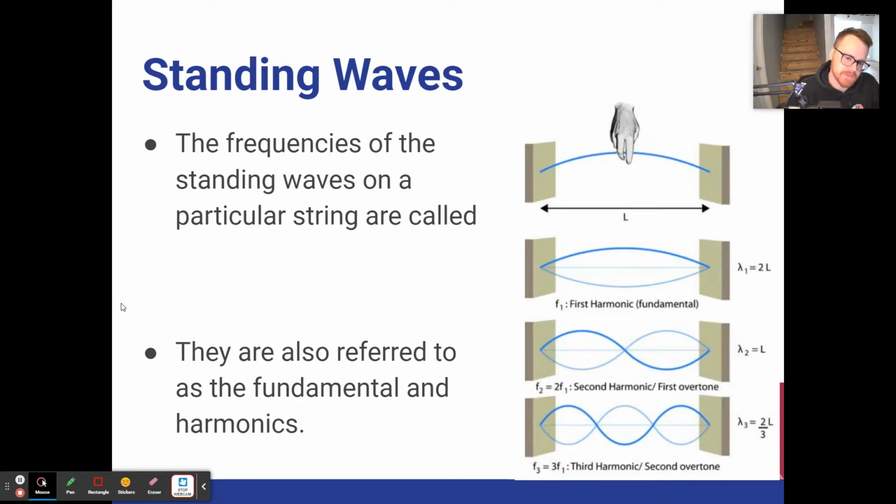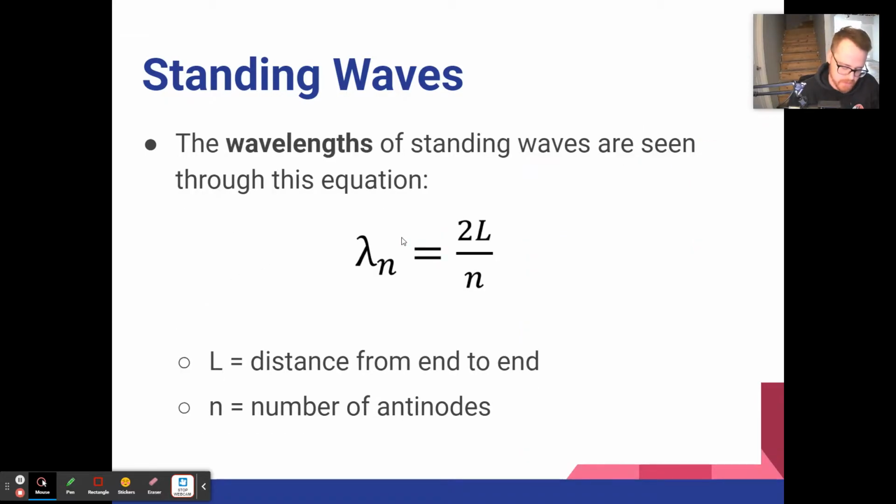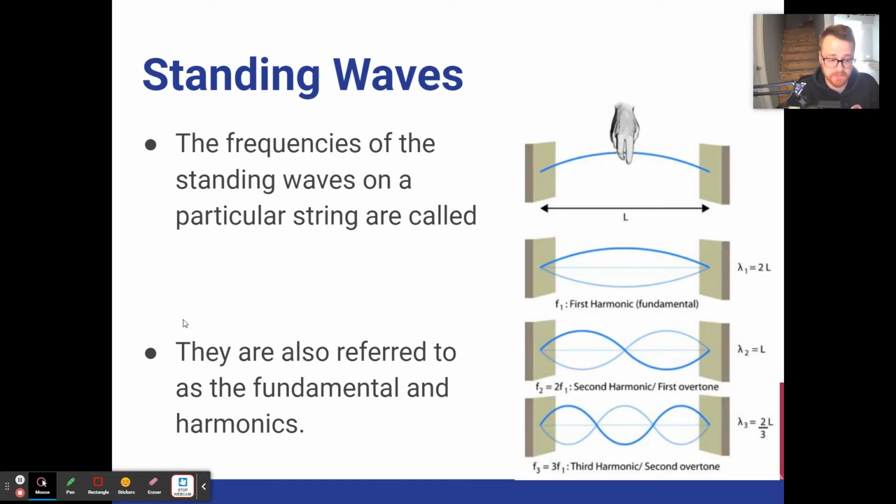Okay, so the frequencies of the standing wave on a particular string are called, of course, it's supposed to say resonant frequencies. I don't know why. Let me quickly double check everything to make sure it's filled in. I don't know what's happening. Okay, for whatever reason, it's just this one.